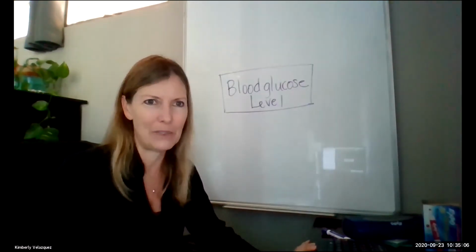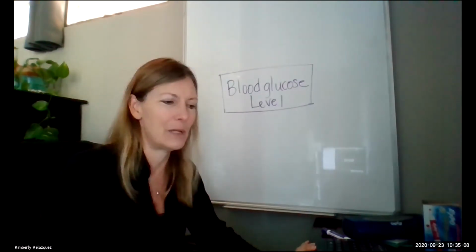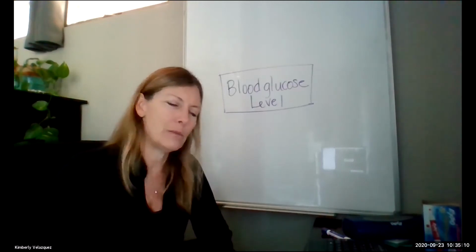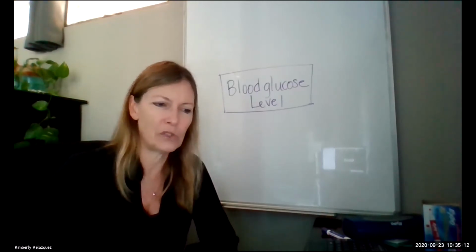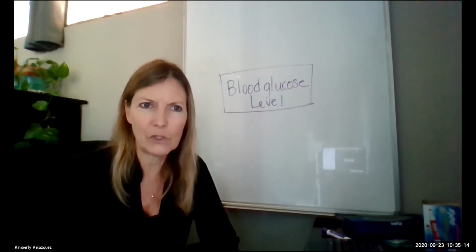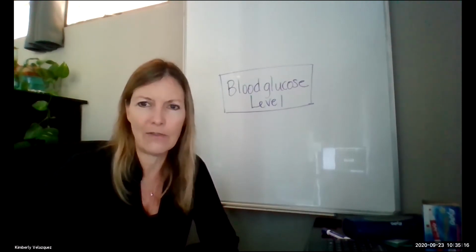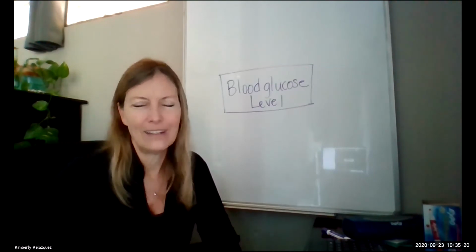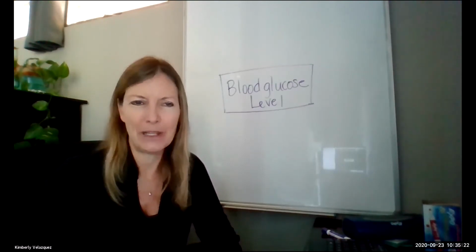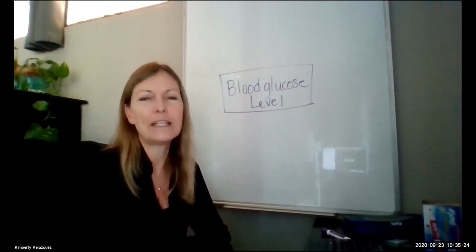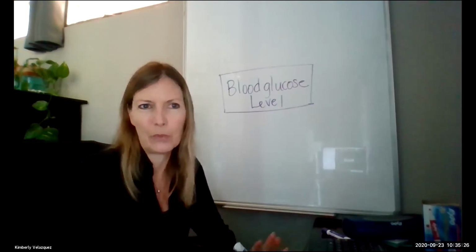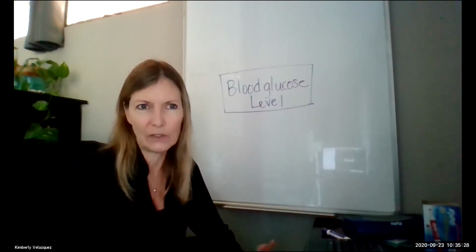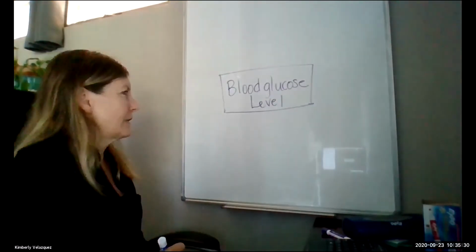Just driving onto campus yesterday, they used a temporal scanner for my temperature. Sometimes you're surprised when they say your temperature's 96 or 97. There are some theories on why that's happening, but we say 98.6 just because that's what we're used to saying. Most of us are actually a little colder than 98.6.